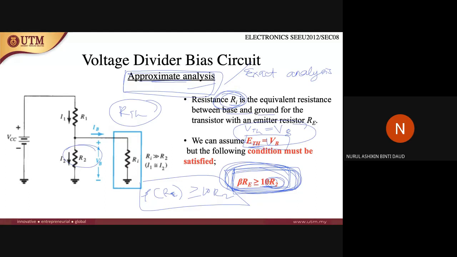If it is 10 times larger than the resistor value of R2, then you can use this analysis, where you don't have to calculate VTH or ETH. ETH is straight away equal to the voltage at the base. So you need only to calculate the value of the total resistor.